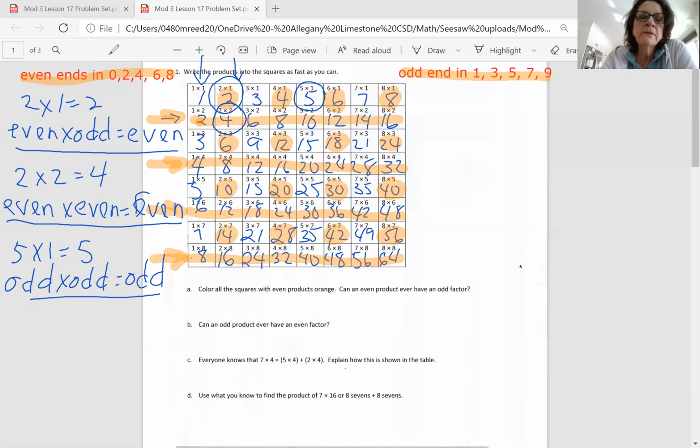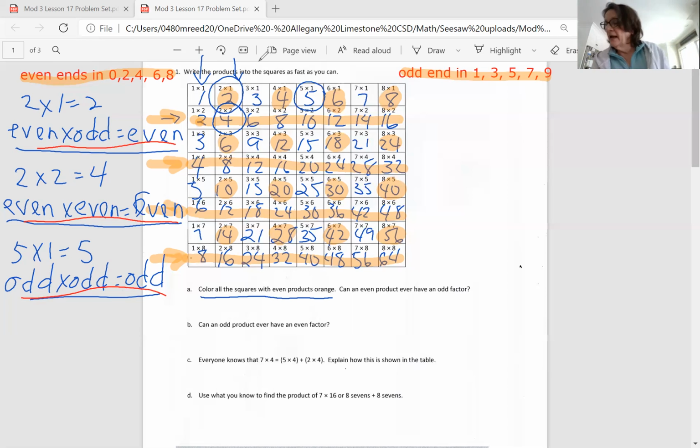All right. So now let's go down to question A. We already colored in all the squares with even products orange. Now we want to say, can an even product ever have an odd factor? Well, let's look at our 3 equations that we have here. Even times odd equals even, even times even equals even, odd times odd equals odd. Can an even product ever have an odd factor? Well, in our very first number sentence, we have even times odd equals even.